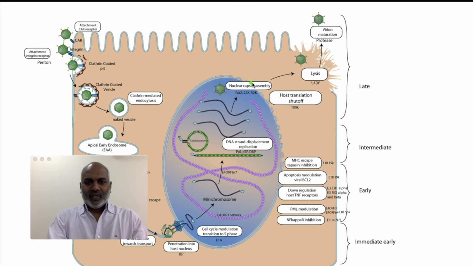Then it comes out from the nuclear pore, then it reaches nearer to the plasma membrane. With the help of protease enzyme, it cleaves the plasma membrane, then it comes out from the cytoplasm as a matured virion. Then it infects the nearby cell. This is the life cycle of adenovirus.